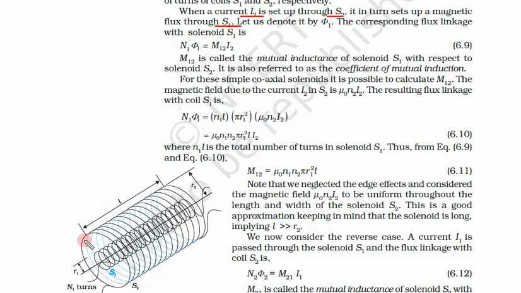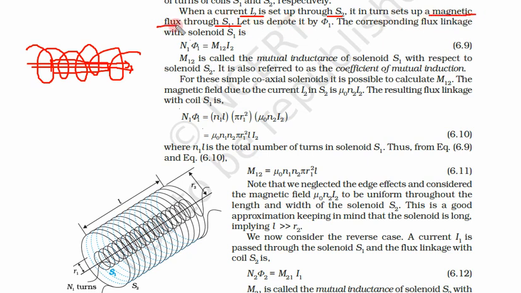Since current is passed through the outer solenoid, there will definitely be some kind of magnetic field, whose direction depends on how we pass the currents. Since the small coil is inside, it will feel the magnetic field. Since there is a magnetic field, there will be a magnetic flux. The same thing they are saying here.